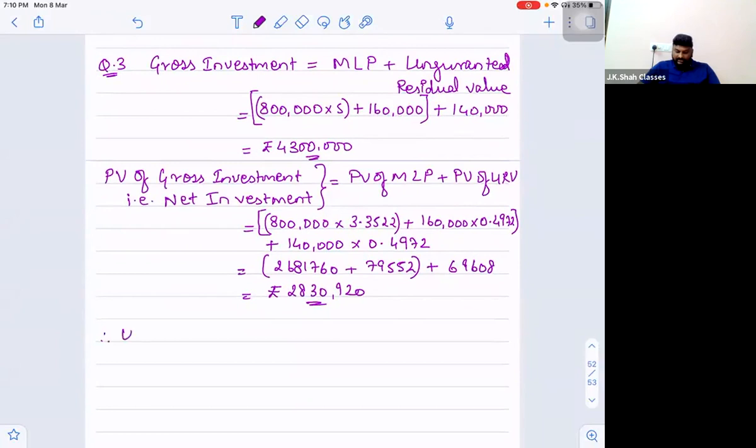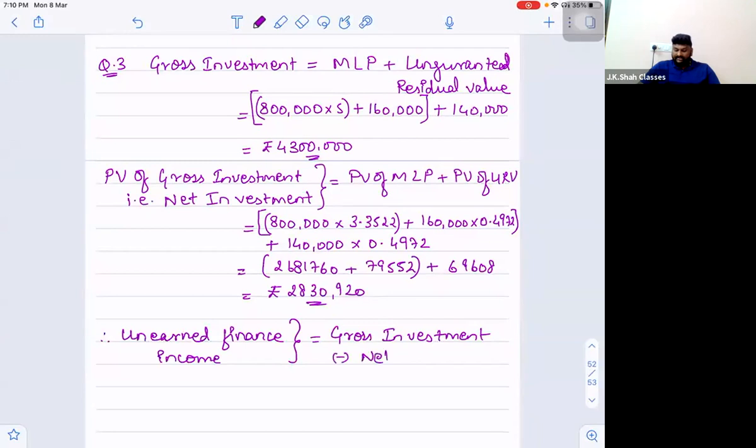So finally we go for the answer. Therefore, unearned finance income will be what? So it is gross investment minus net investment.